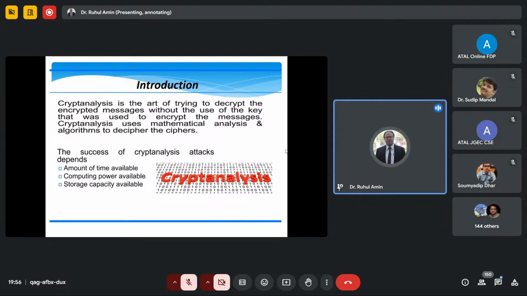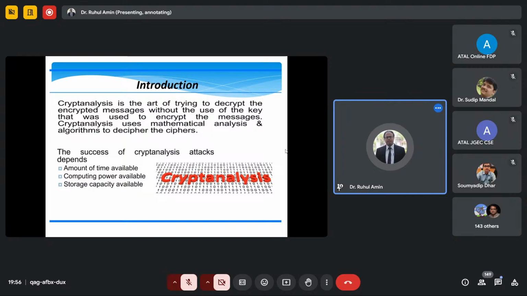We already know that protocols are used to build secure systems, and many secure systems are in use nowadays, with different kinds of protocols.